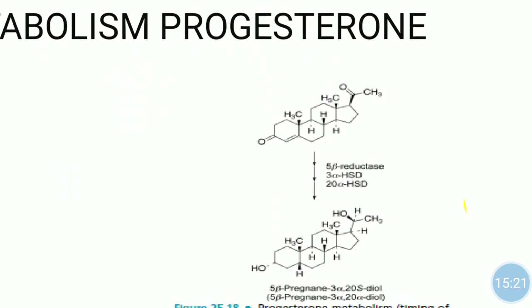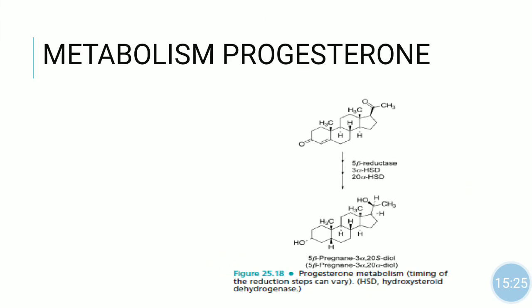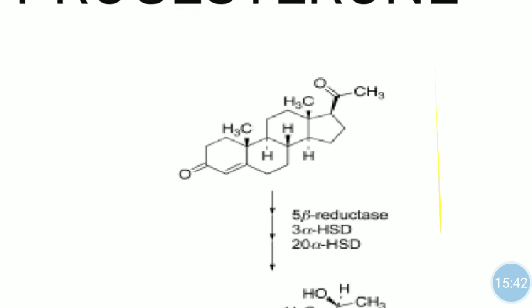Now, if you look at your screen, I have drawn the structure of progesterone and shown its metabolism. While studying the metabolism, you must understand the different points where the metabolism of progesterone is happening. First look at the structure of progesterone.